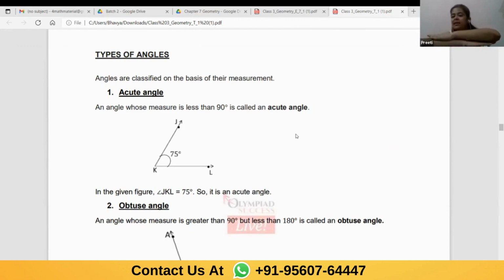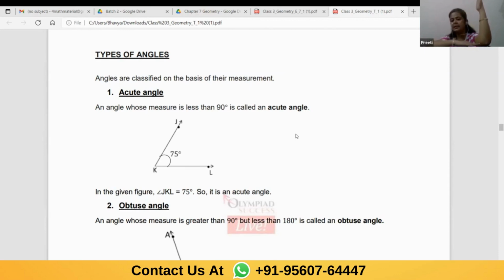When there is nothing, it is called 0 degree. When we have not even started creating an angle, it is 0 degree. Once we start from 0 and go beyond 0, it could be 5, 10, 20, 23, 25, 40, anything.